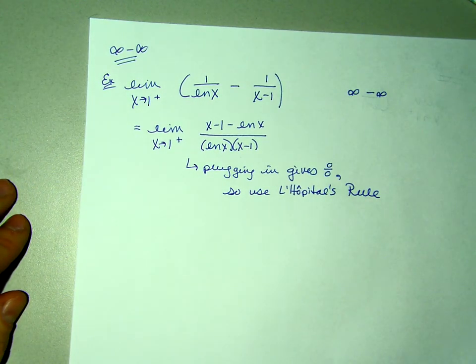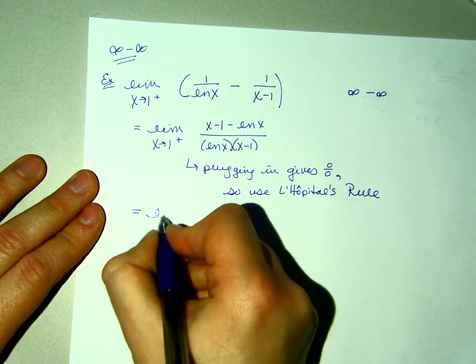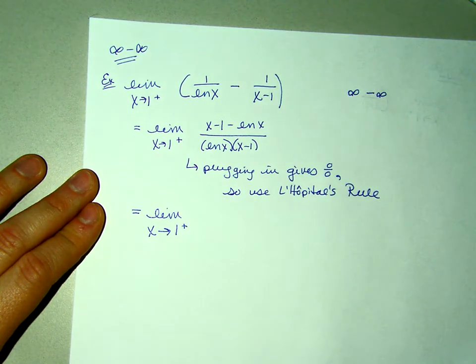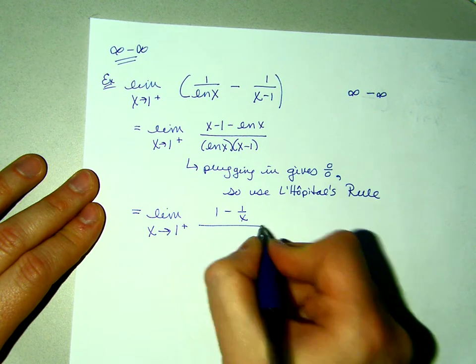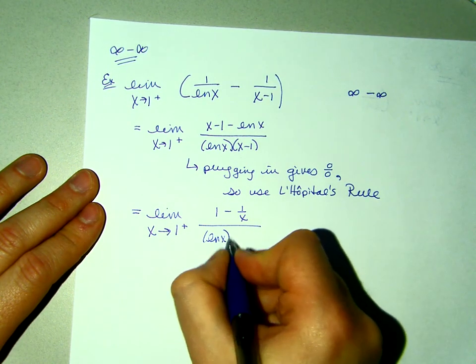And of course, when you use L'Hopital's rule, what do you have to remember on the bottom? Product rule. Please do that. And then maybe wait after you do the derivative, because I feel like there will be a little more work we should probably talk about together.